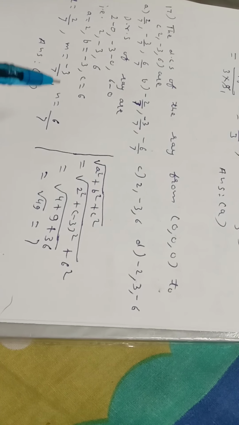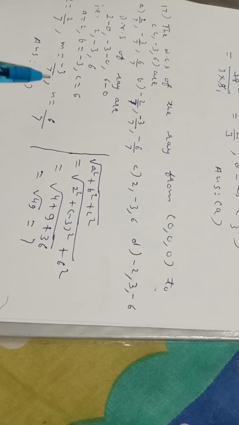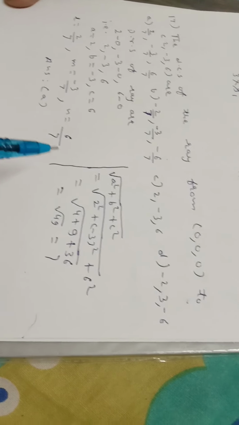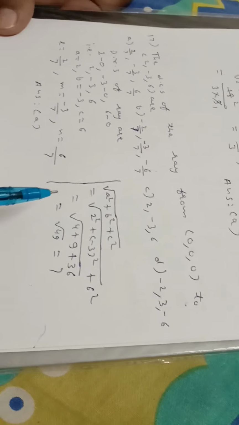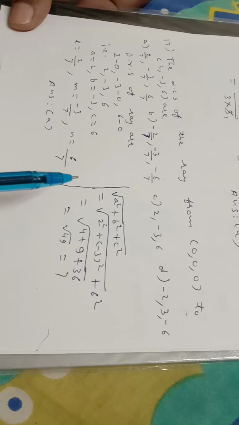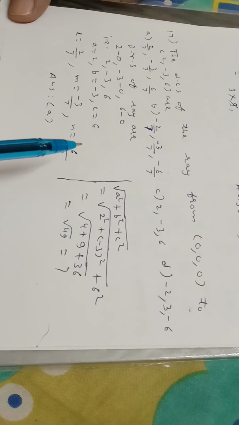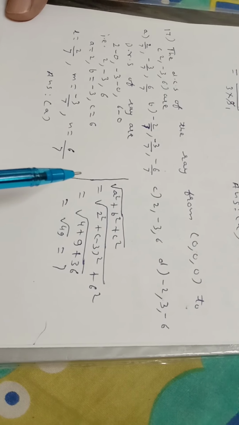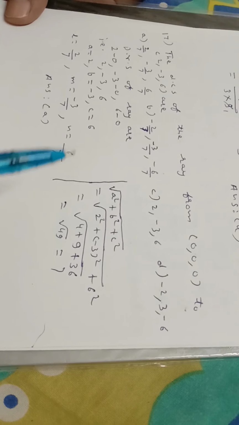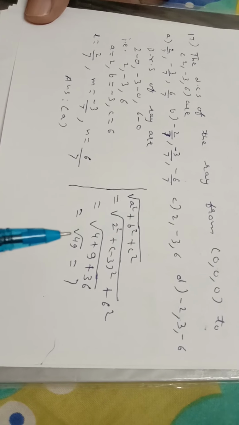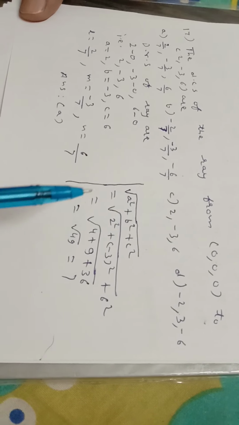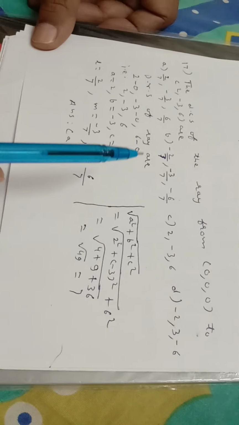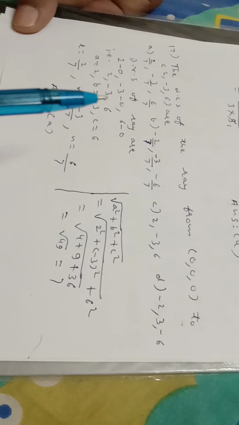If the coordinates of 2 points are x1, y1, z1 and x2, y2, z2, then the direction ratios are x2 minus x1, y2 minus y1, z2 minus z1. Instead of that, we may write x1 minus x2, y1 minus y2, z1 minus z2 also. So the difference between corresponding coordinates of 2 points gives us the direction ratios of the line.